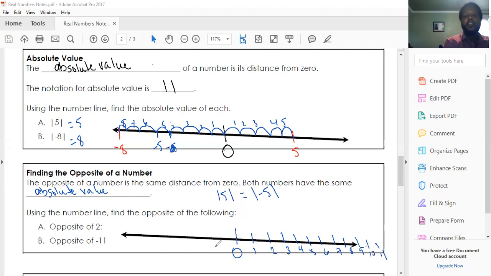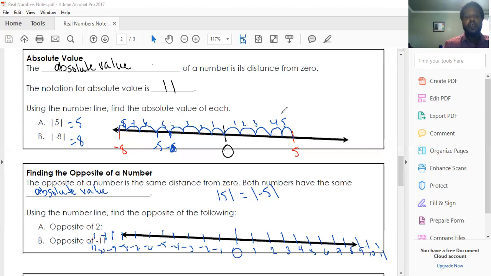And do the same thing with my negatives. -1, -2, -3, -4, -5, -6, -7, -8, -9, -10, and -11. Okay, so we're going to identify those places, starting with letter A.